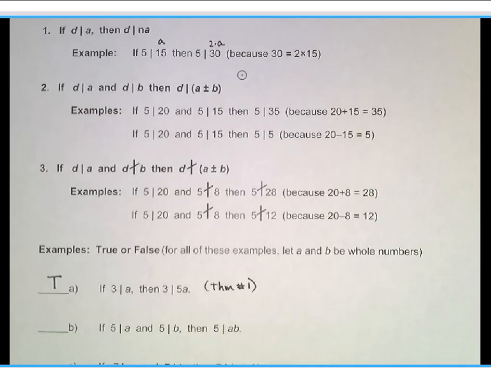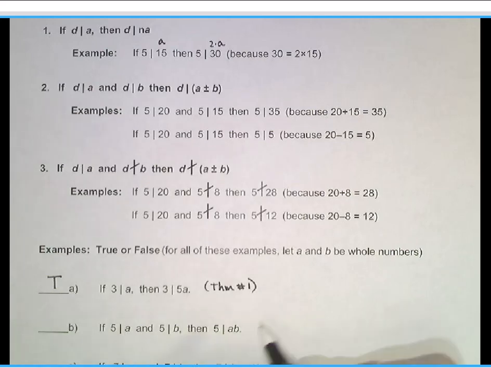Okay, how about the next one? The next one says, if 5 divides A and 5 divides B, then 5 will divide AB. So this is their product. The theorems talked about sums and differences. Let's see if this one's going to work. Let's just pick some numbers. 5 divides 10, and another number that 5 divides is 15.